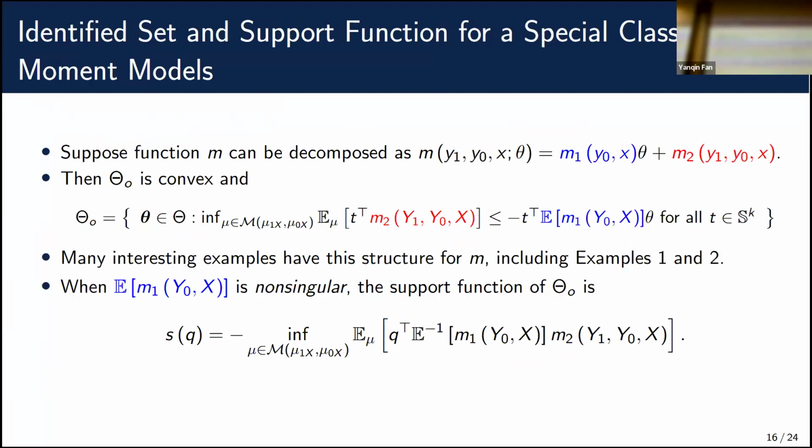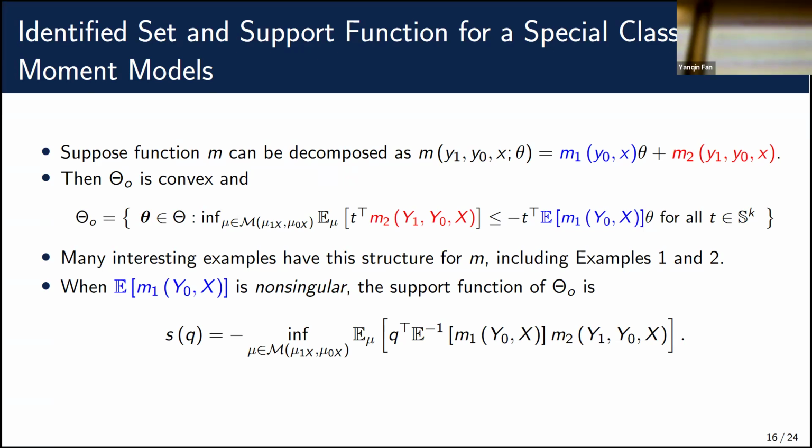So if you look at this one here, this is the identified set, right? And this thing here, in the complete data case, if this is non-singular, then this is point identified. But for this identified set, we don't need to assume this is non-singular.